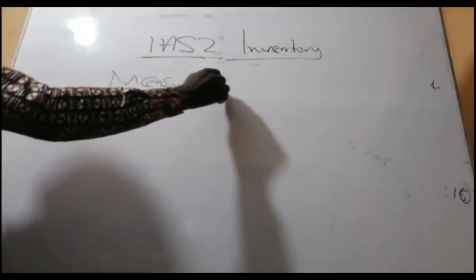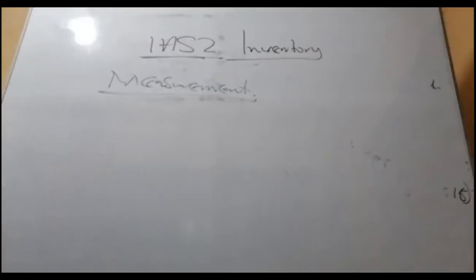Now let's go to the measurement. What are the measurement bases of inventory? When you talk about measurement, we are just asking how you get a value of that item. Measurement simply means value.